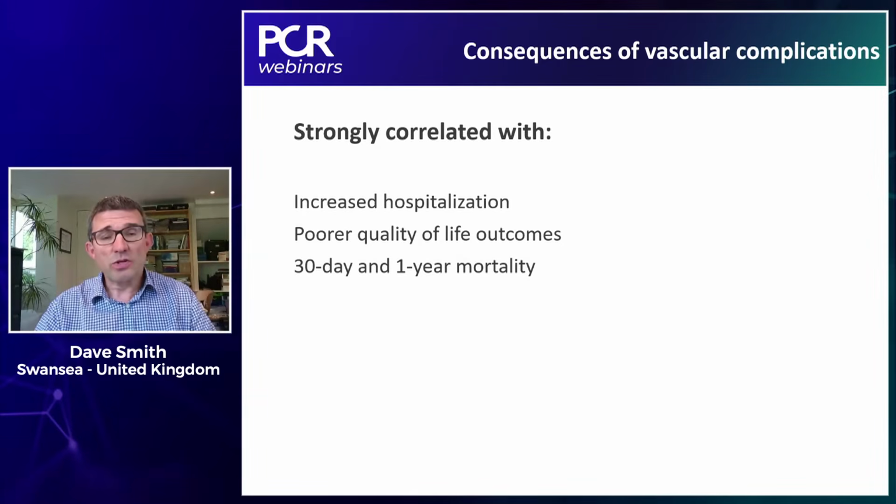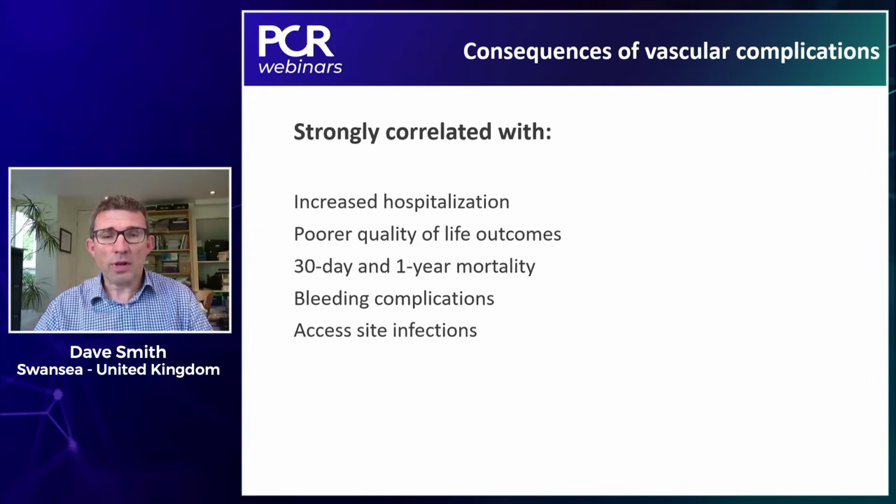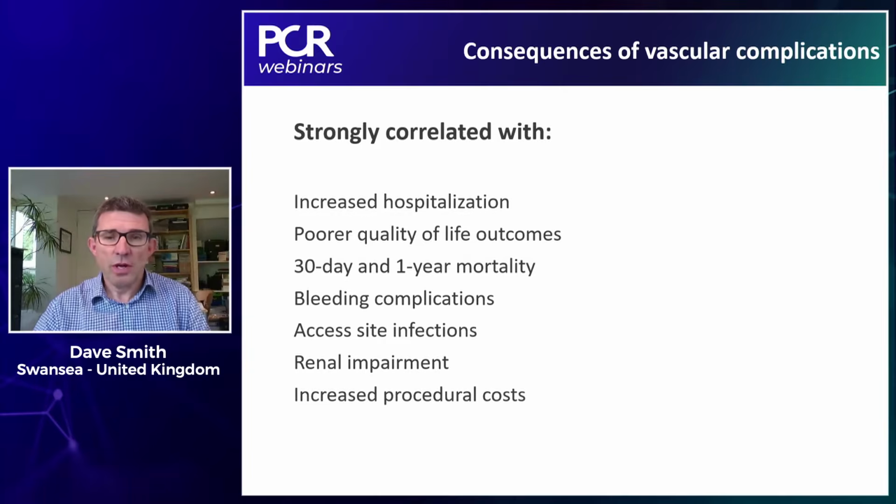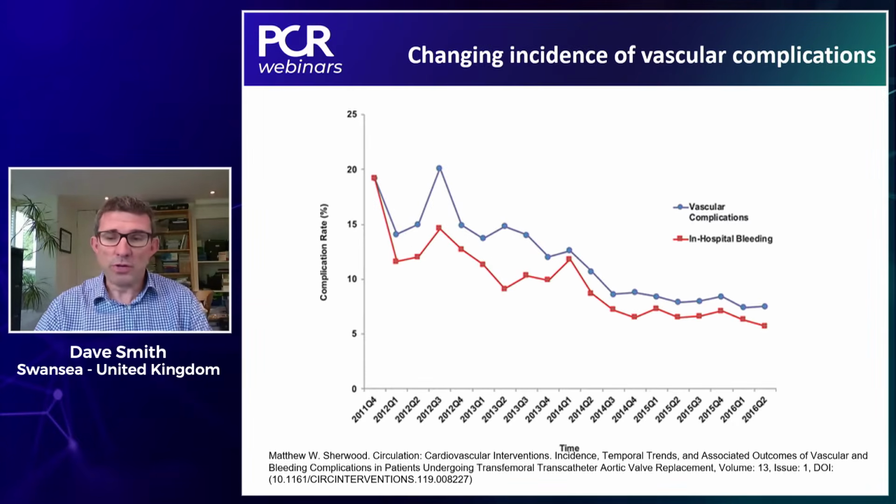And this also in turn leads to increased 30-day and 1-year mortality. We know that vascular complications can also lead to bleeding complications, access site infections, renal impairment, and also this costs more for the financial burden of these procedures.